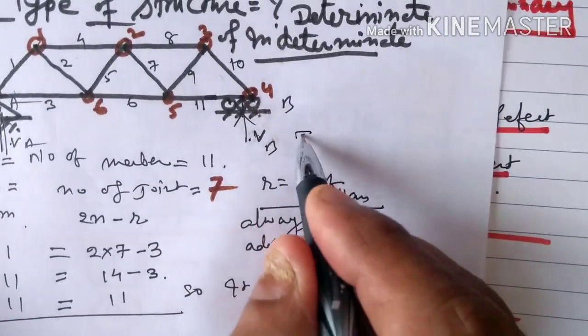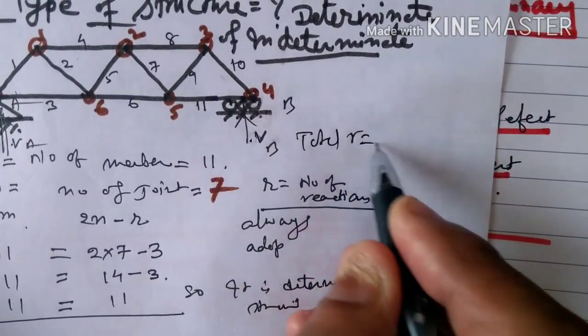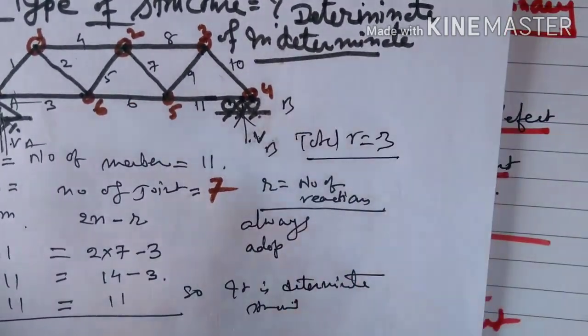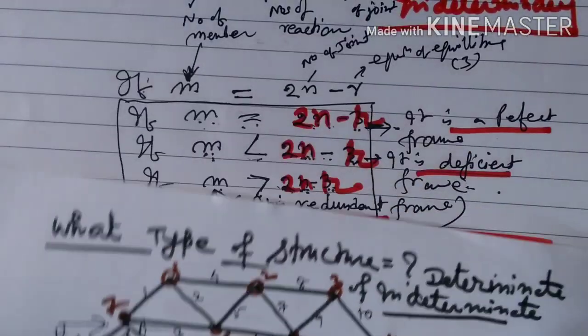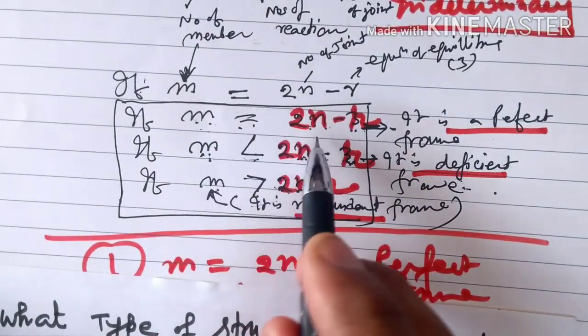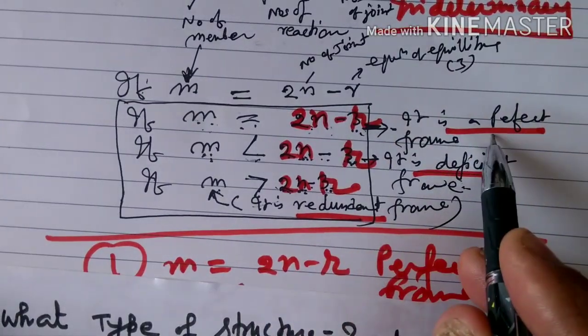Total R equal to 3. So just see the formula. What is the formula here? M equal to 2N minus R, perfect frame.